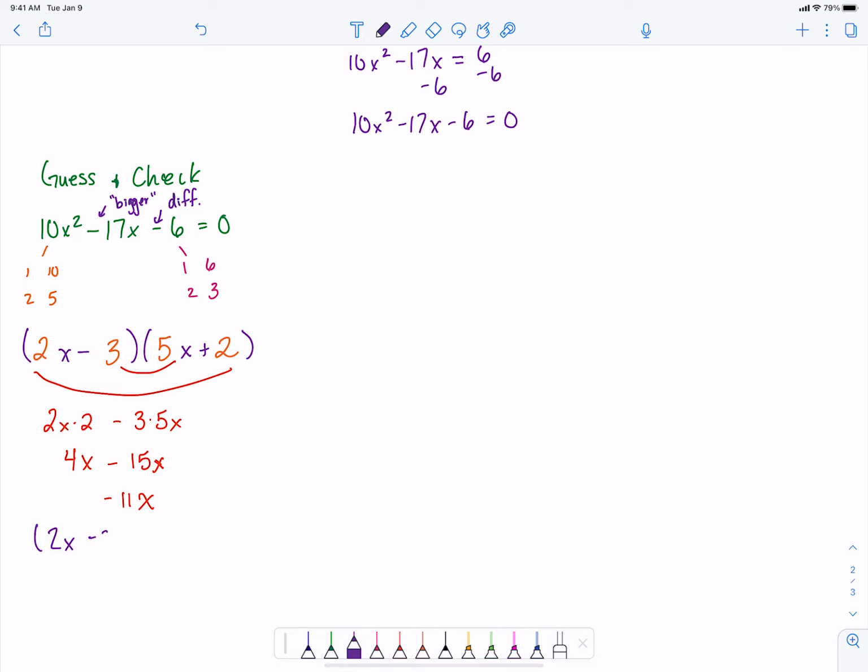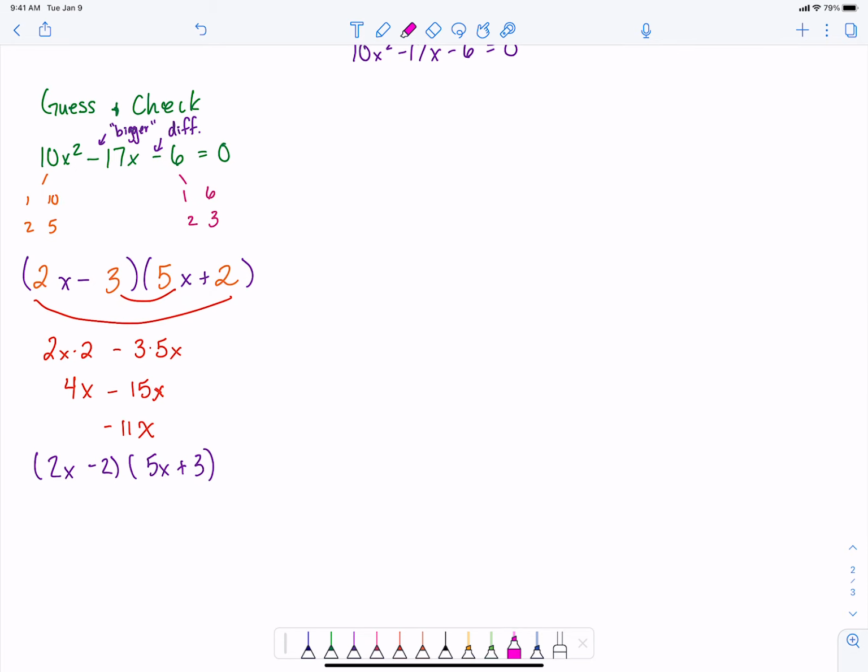We'd flip the 2 and the 3. That's not really going to make anything bigger because we're going to get 2 times 5, which gives us 10 instead of 15. So I oftentimes, without even FOILing, will say, I don't think this is right, so I'm not going to try that. And maybe because I need a bigger number, I might need to look at that 1 and 6 or that 1 and 10.